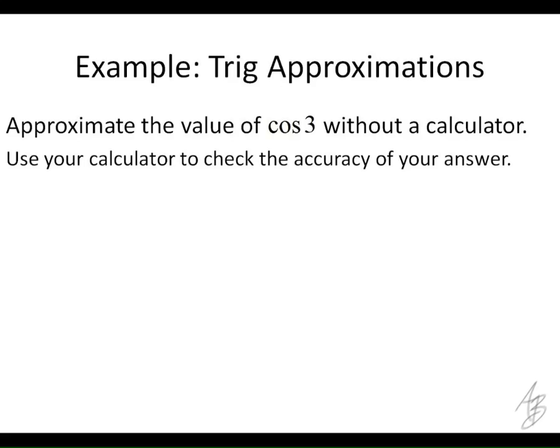So if we were in degrees, we'd actually be really close to 0 at the beginning of the period. Since we're doing it in radians, we're pretty close to what? Pi. So we're going to approximate it using pi as our anchor point here, and we'll see how accurate we are with it.